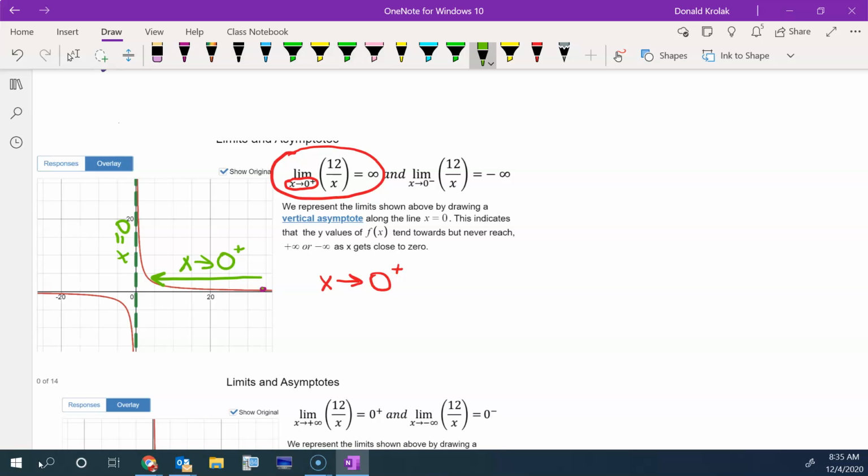When you have x approaches 0 from the left, that would represent me moving this direction. So now I'm over here on the left, and I'm moving towards 0. That's what x arrow 0 with a little negative sign represents. This is the direction that you're moving.